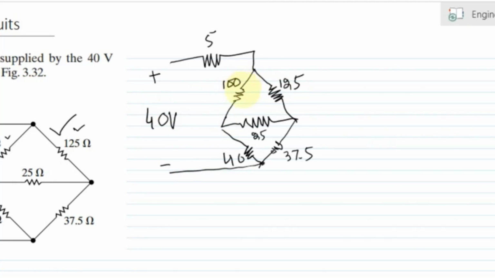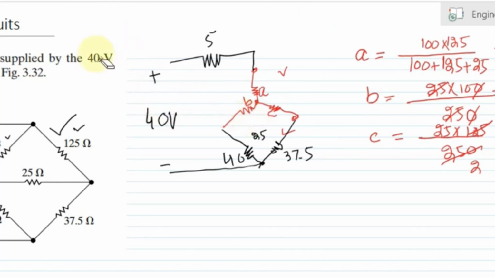In order to find the equivalent resistance, we have to convert any one of these two deltas. These two are basically the delta circuits, and converting any of these delta circuits into star configuration will make this circuit easier to solve.